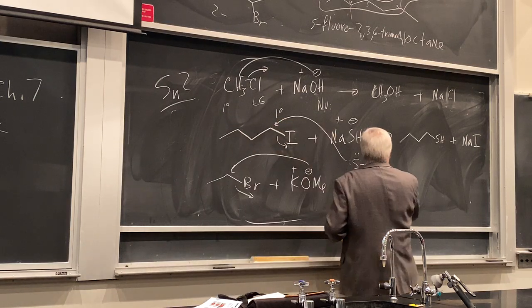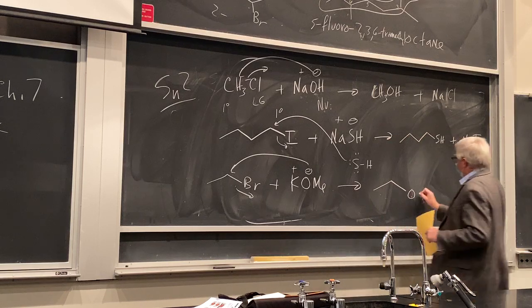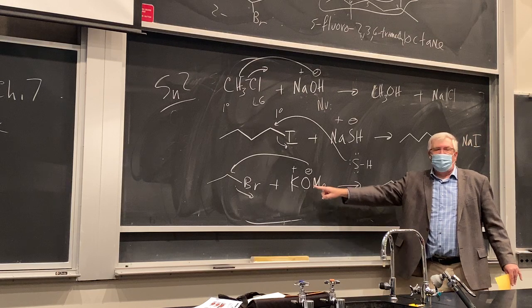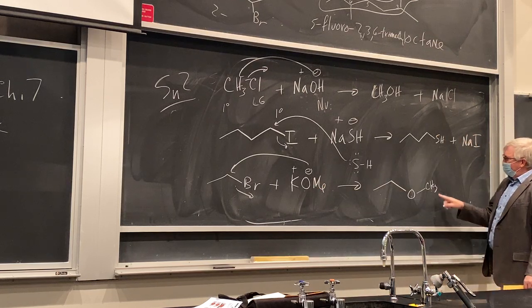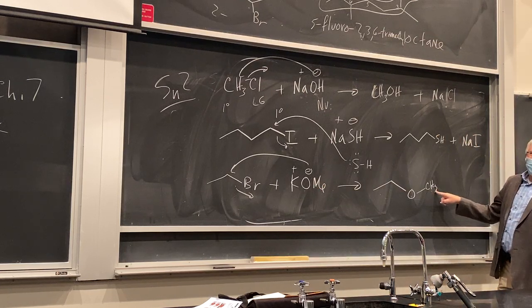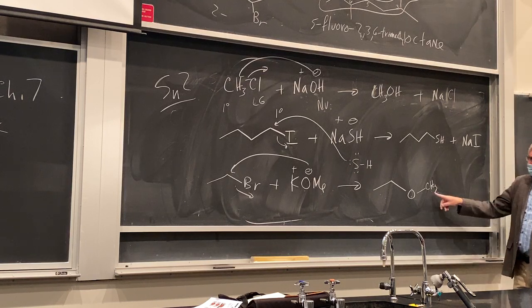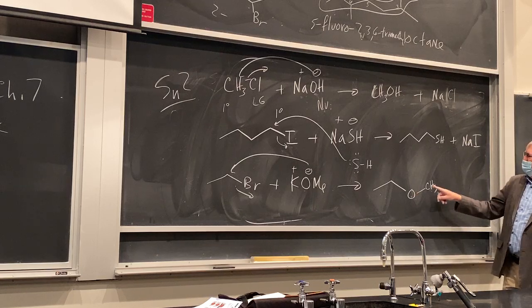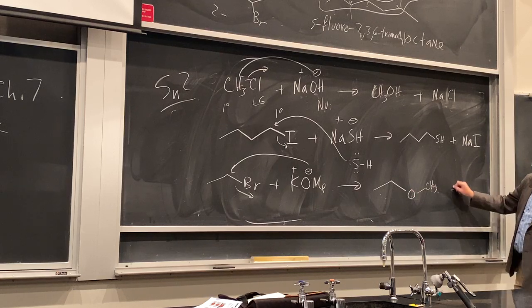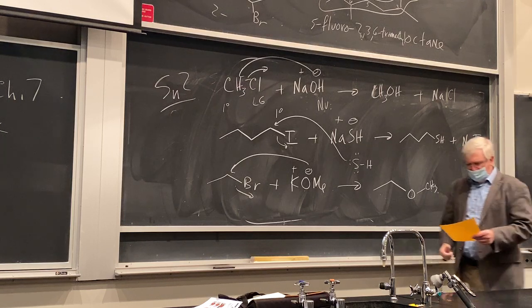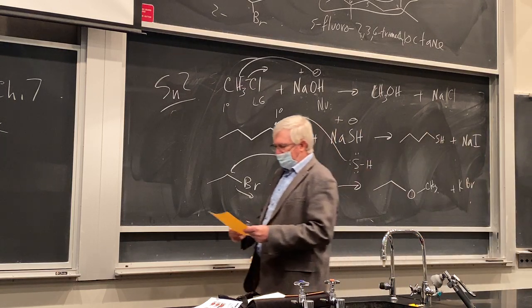The methyl group would still be there, and then the O, and then the CH3 from the methoxide. Sometimes I draw methyl, sometimes I draw it all out. You should be okay with that. This is methyl, so this is a methyl ether. And what's our byproduct here? Potassium bromide.